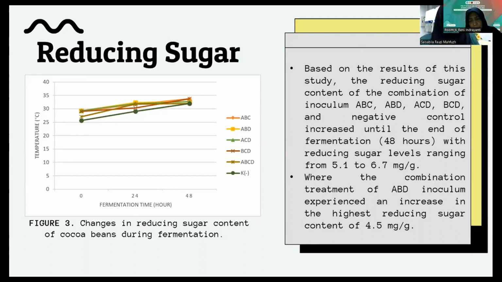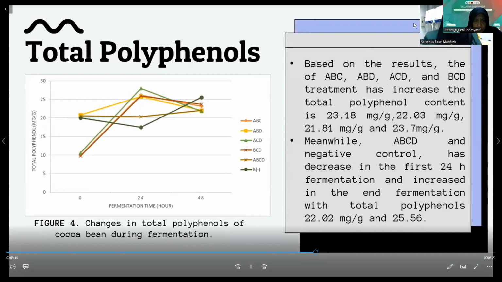However, reducing sugars can also be formed by enzymatic hydrolysis of anthocyanin to yield arabinose and galactose by the action of glycosidase enzymes. The production of reducing sugars during fermentation is very important because these sugars will react with peptides and free amino acids in the Maillard reaction during drying and roasting to produce the characteristic cocoa flavor compounds.